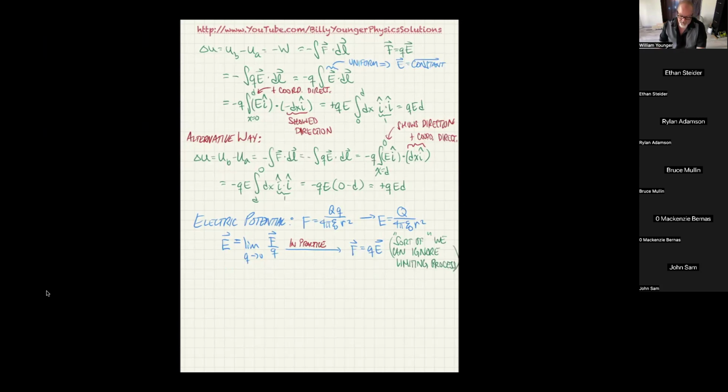Okay, so that's what I mean by just writing F equals QE. So what we did to go from the force to the electric field was we divided by charge.